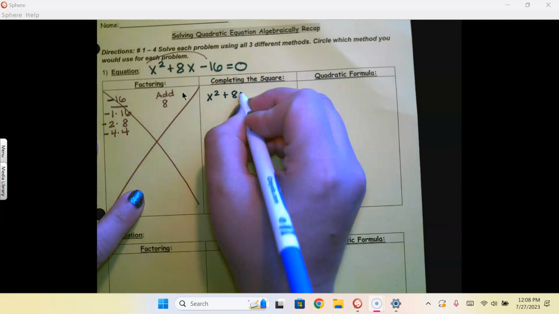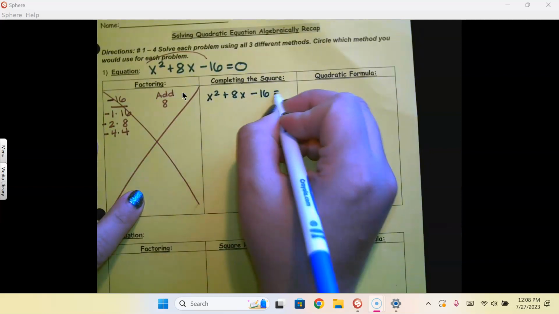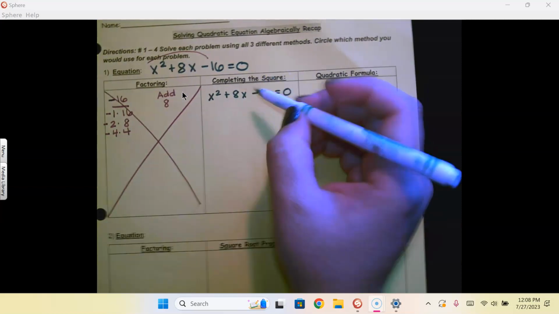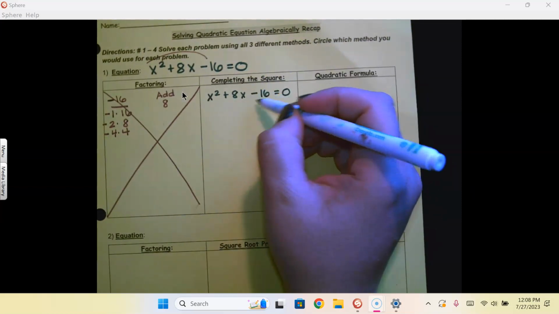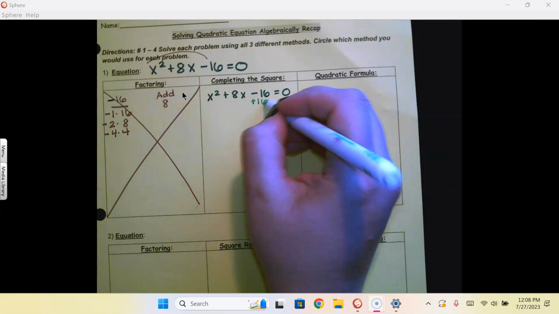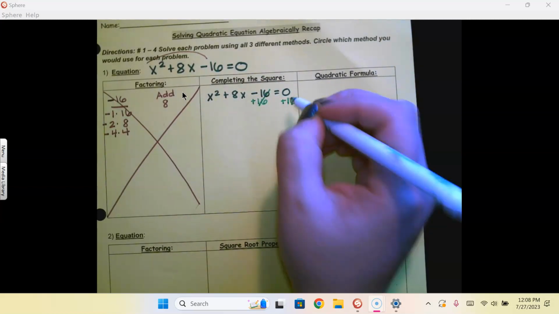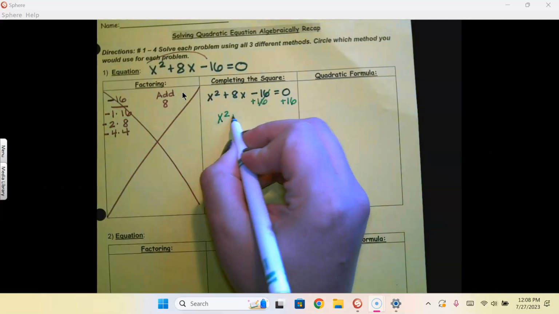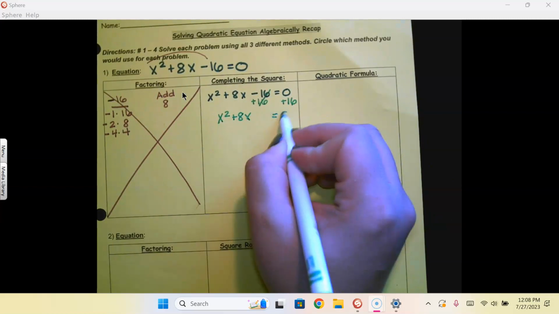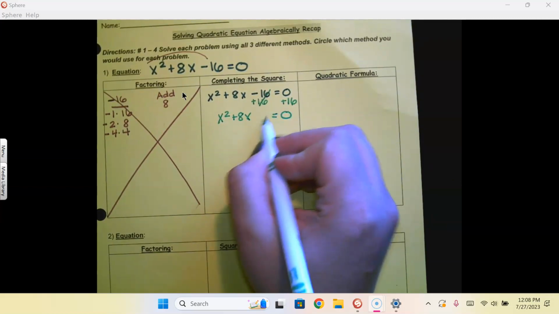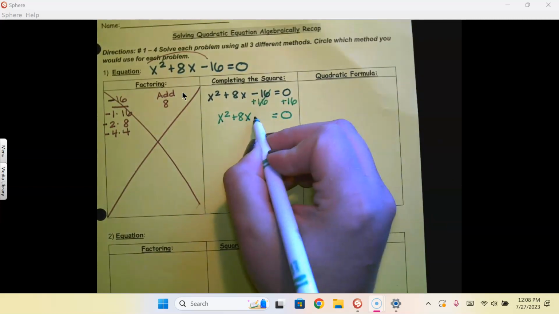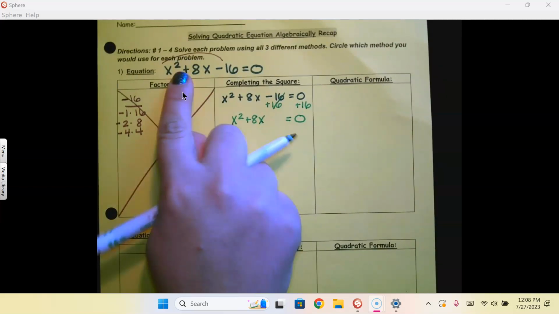With completing the square, there's a couple different ways to do it, but the way that I focused on in this class is we want to take the C term, the constant, and move it to the other side. Now notice I left a little gap here, and the reason is it's not factorable.